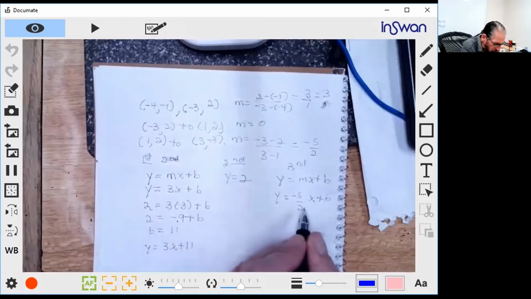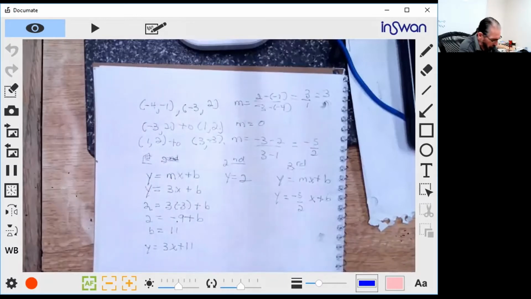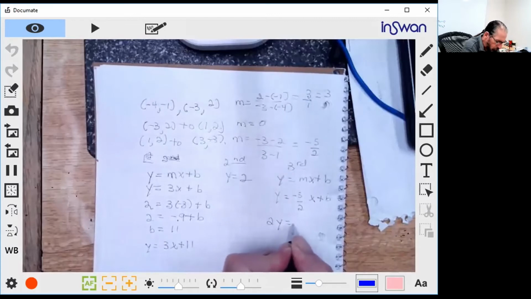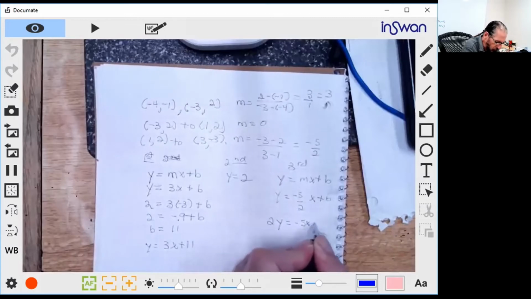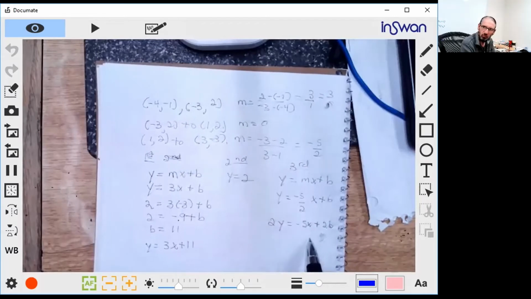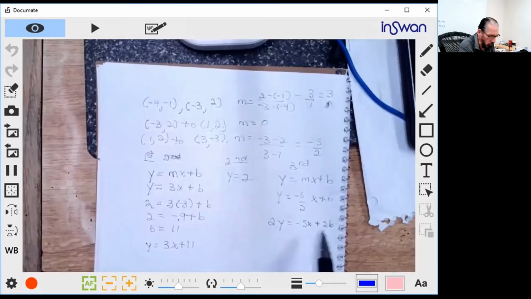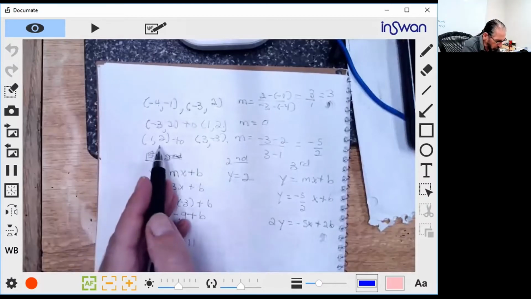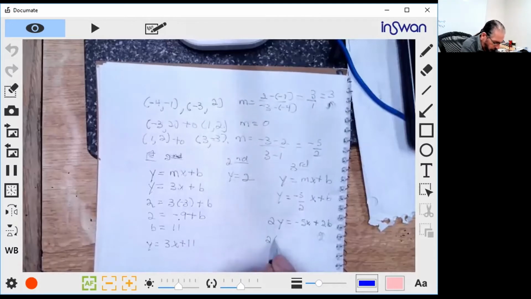I'm going to do something to get rid of the fraction for moments. Let's multiply both sides by 2. But then on the right-hand side, we will have to distribute. It doesn't just cancel the denominator 2 in that first term. It's also being multiplied to the b. All right. So let's work with the 1, 2.